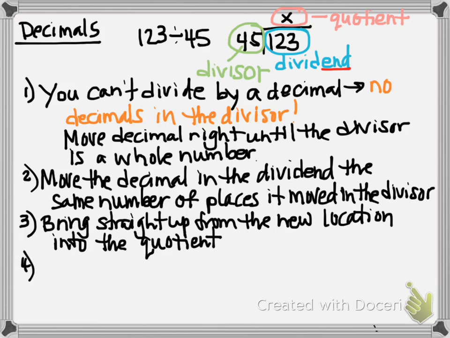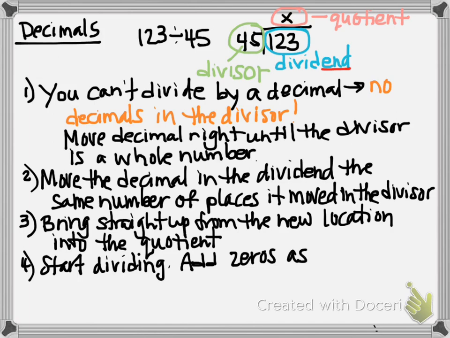Okay, so now we've placed the decimal where it belongs, and we're ready to go. Start dividing. Add zeros as necessary, and we'll go through that.